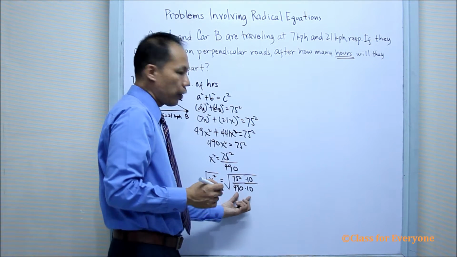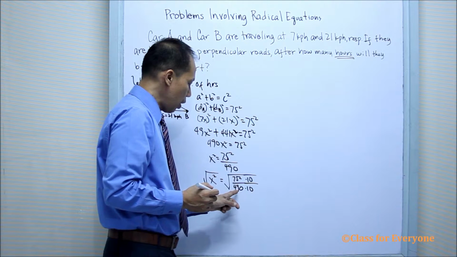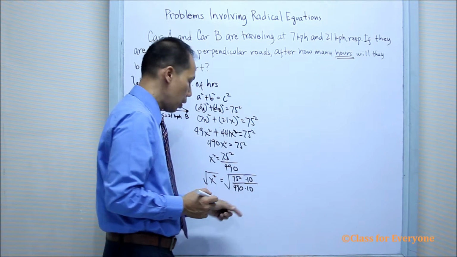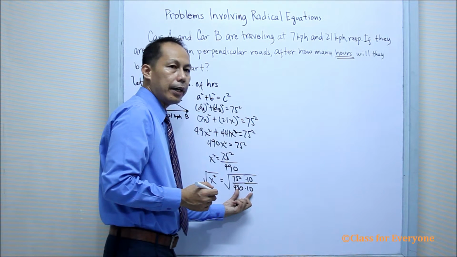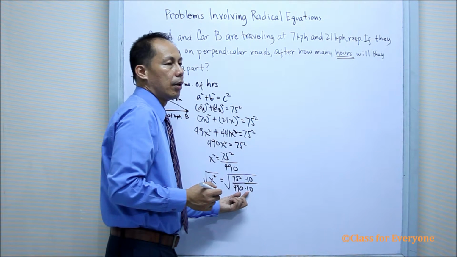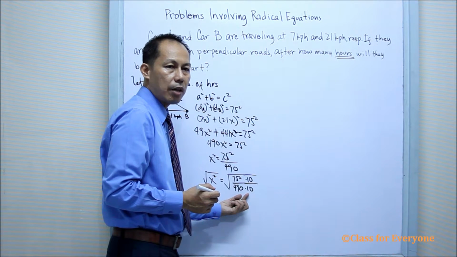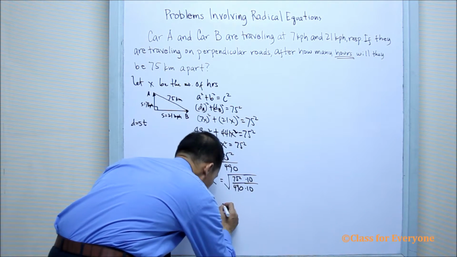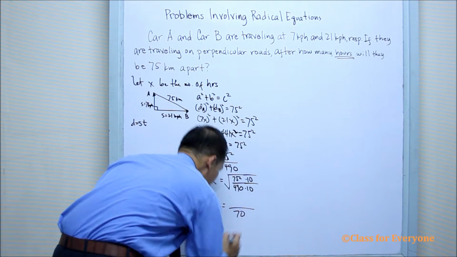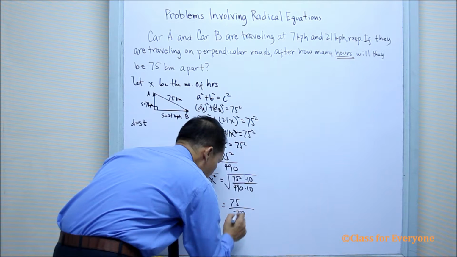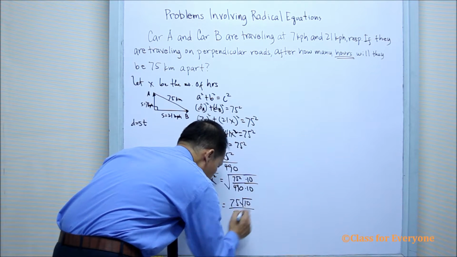Now this is already a perfect square. The product of 49 and 10 times 10 is 100. The square root of 49 is 7, and the square root of 100 is 10. So 7 times 10 is 70. Therefore, the denominator will now be 70. The numerator is 75 squared, so we have 75 and then the square root of 10.